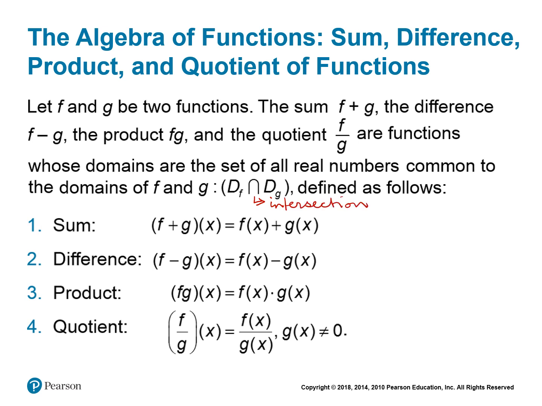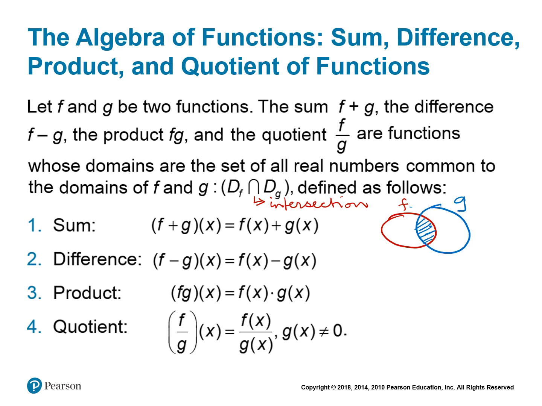So let's say we have a domain for f, and then there is a domain for the function g. Now the new function, let's say h, which is formed by combining f and g, is this portion, the common set of domain values between f and g.